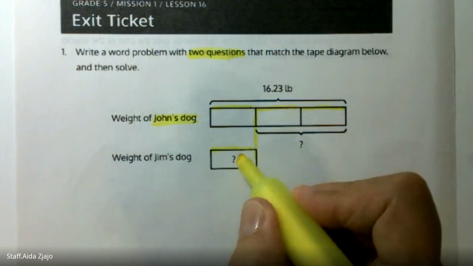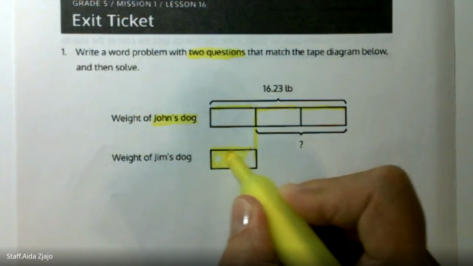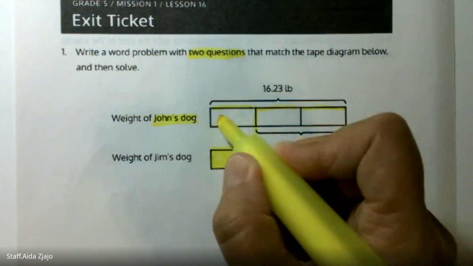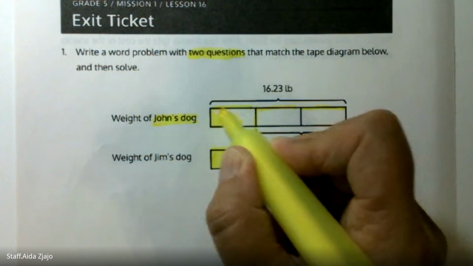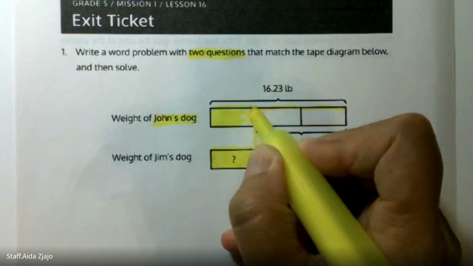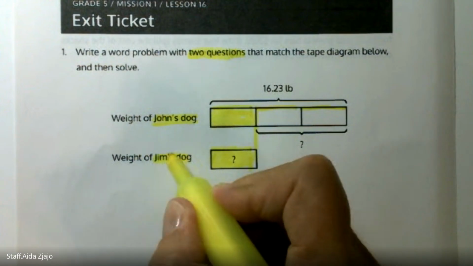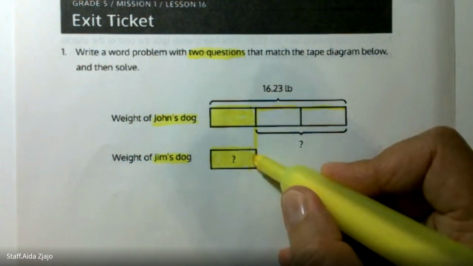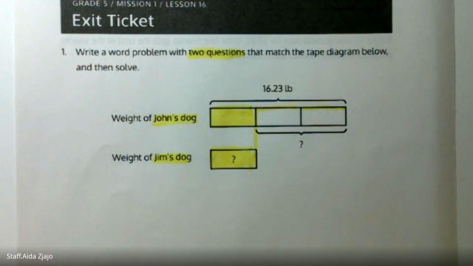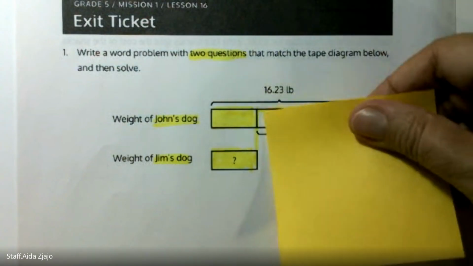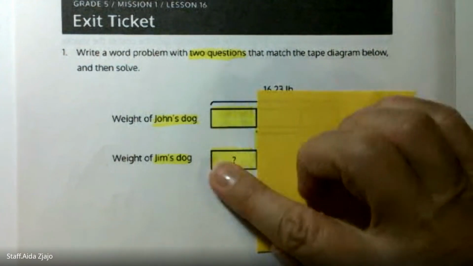Jim's dog is exactly as big as 1 part of John's dog. If the dogs were the same weight, they would be equal.